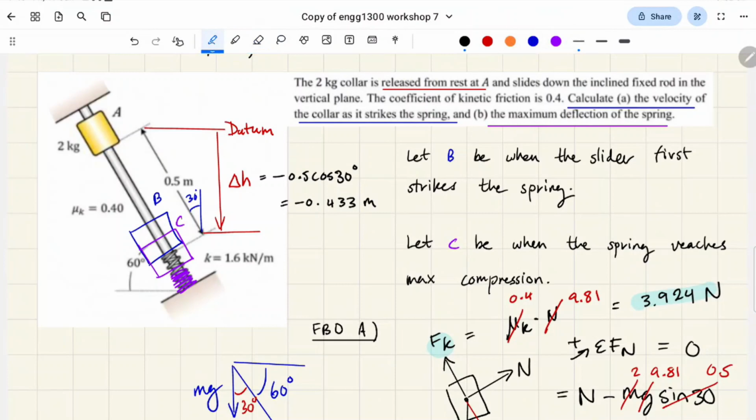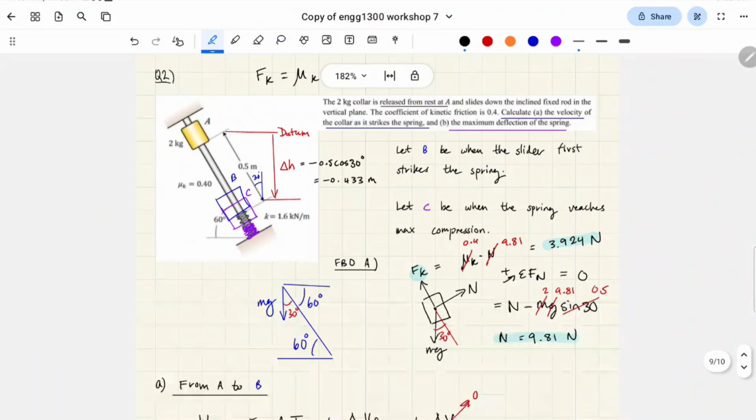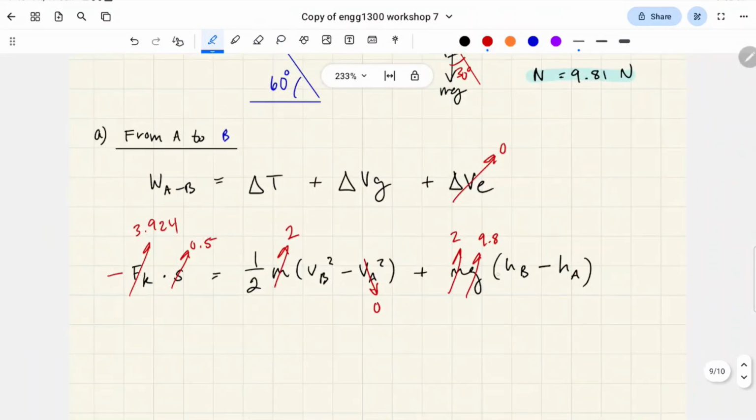So it's moved down 0.433 meters pretty much, right? In other words, it's decreased its gravitational potential energy, right? So you'll know you've done that part right if you got a negative number for the energy there.